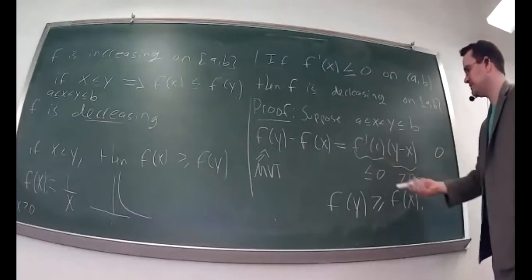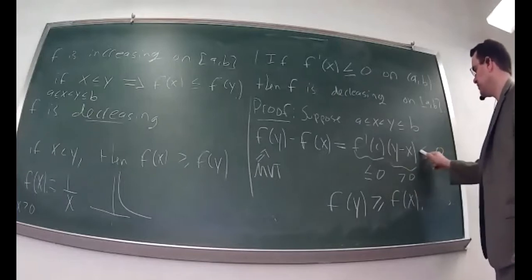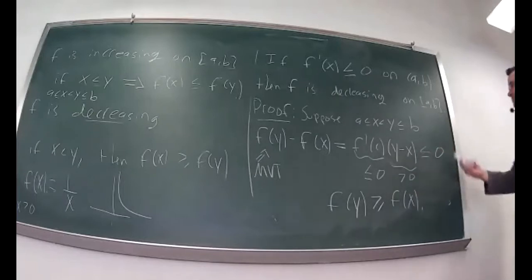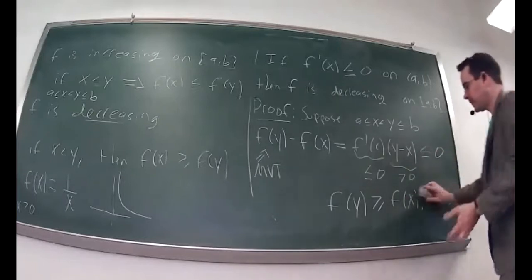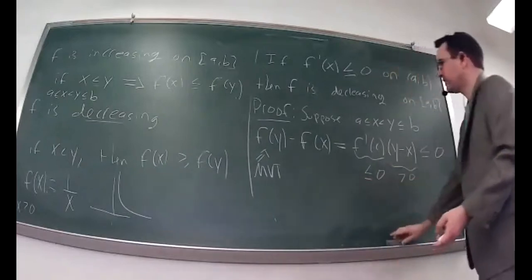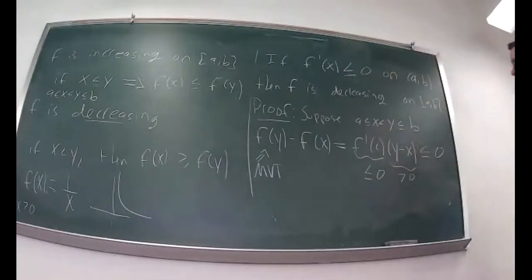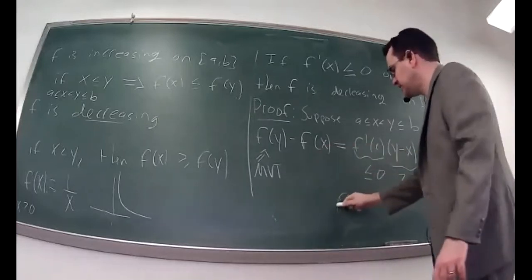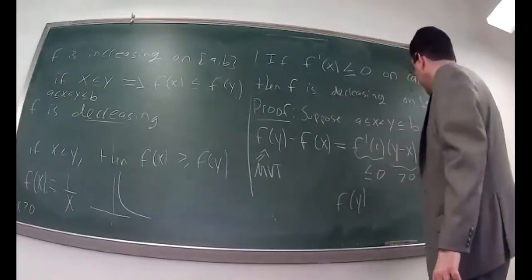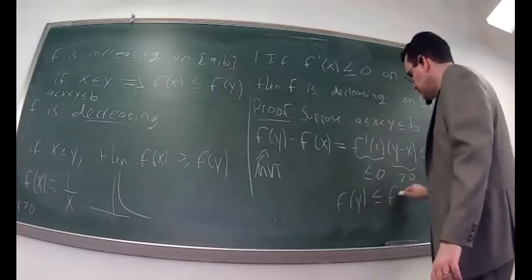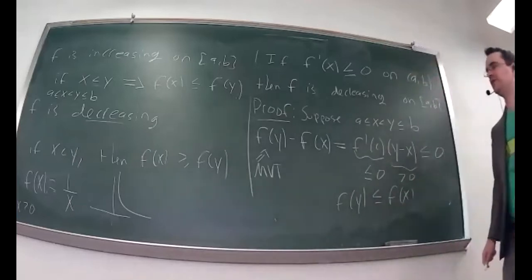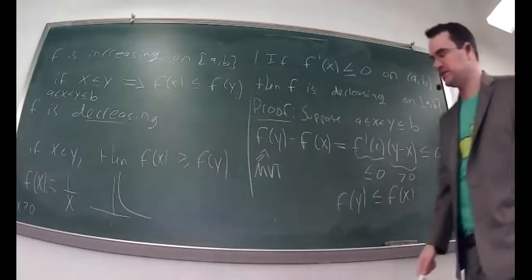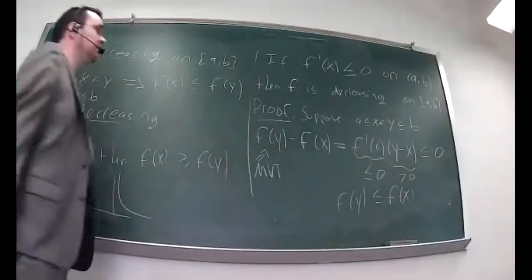If it's positive times negative, it's equal to negative. Put that together, the result is less than or equal to 0. So now I've got f of y minus f of x less than or equal to 0, and putting f of x to the other side, I get that f of y is less than or equal to f of x, which is the definition of decreasing.